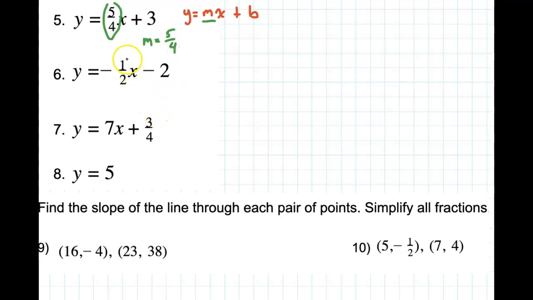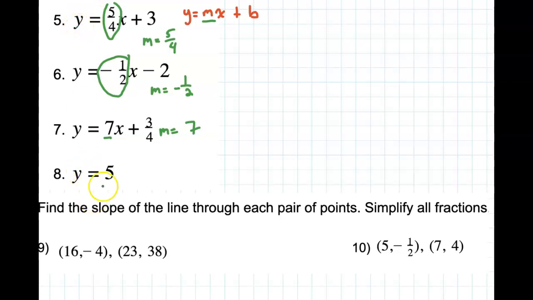Here we have the coefficient of x, so in this case, m is equal to negative 1/2. And here we have 7, right? So m equals 7. Notice how we always have y equals. That's the only case. If they said 2y equals, well, it's not finished yet.